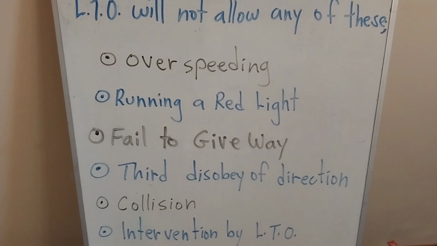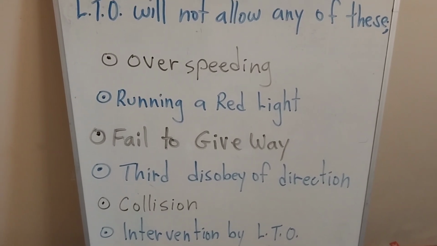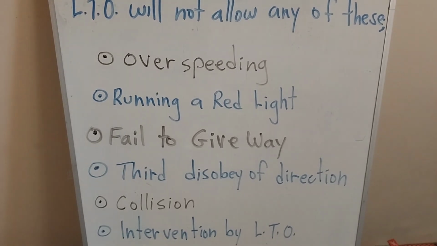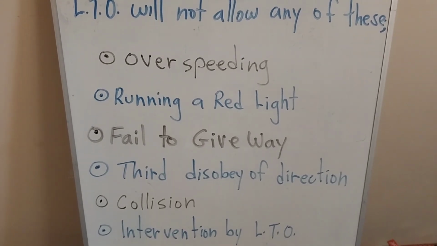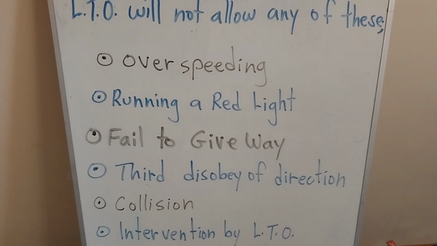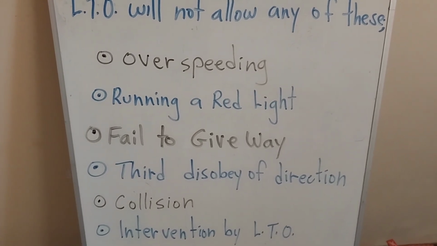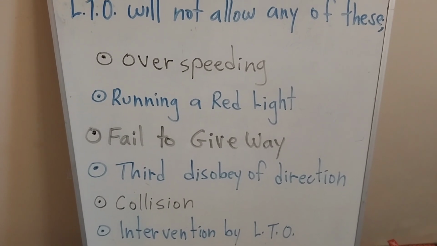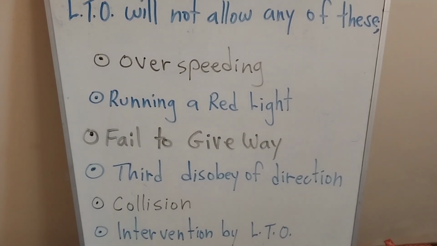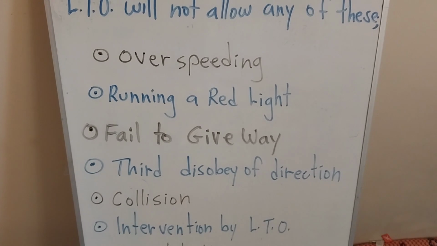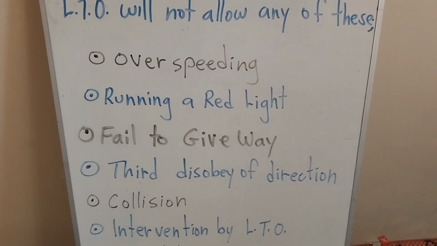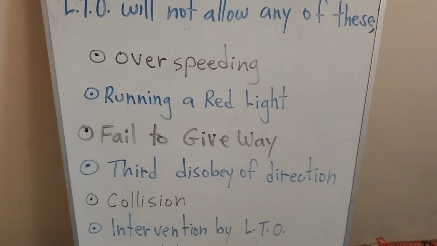We have concluded the test and you have not been successful because I had to intervene. So at no time during the drive test should the tester be intervening. You as the applicant should be able to do everything on your own and follow the road rules, road markings, the traffic signals. Everything has to be done by the applicant. So intervention by the LTO will be classified as an immediate termination.